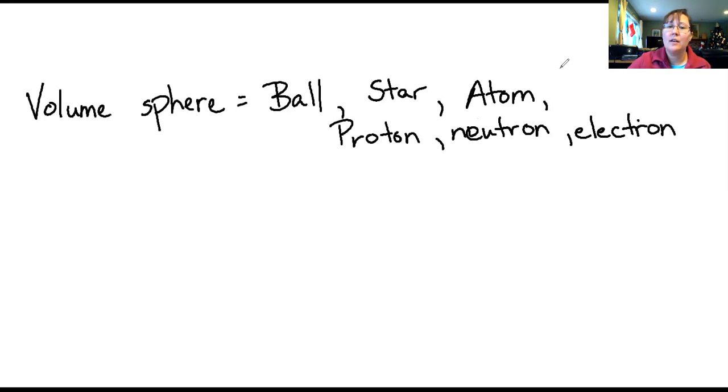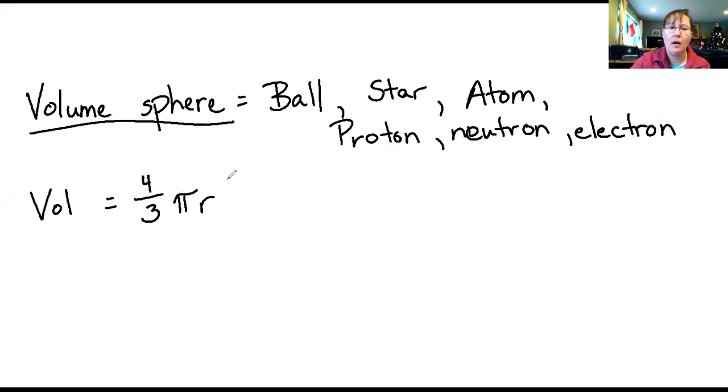So if I ever ask for any of these in volumetric form, I want you to use the formula for the volume of a sphere. Okay, and that equation is 4/3 pi r cubed. So let's say that we are, let's see. Sometimes when I'm coming up with things because I haven't planned well enough, I just have to come up with an idea.